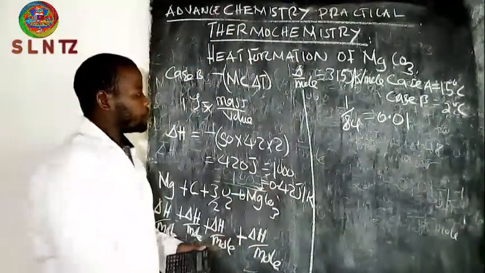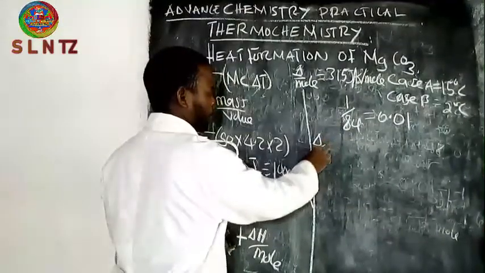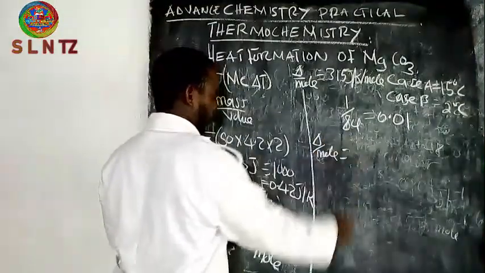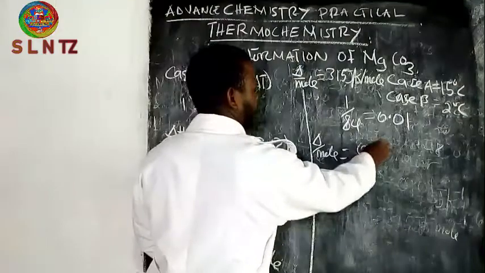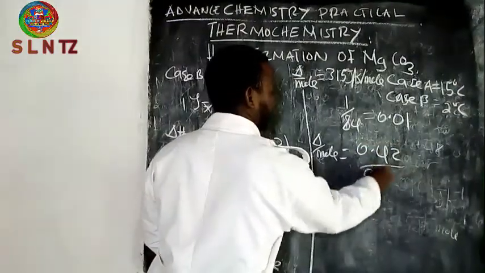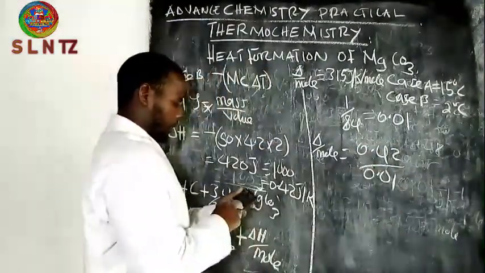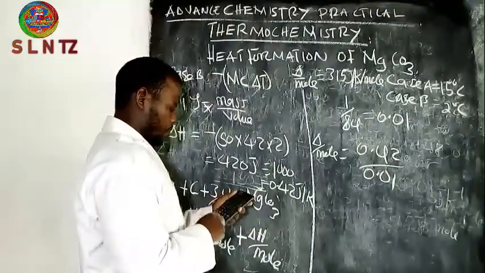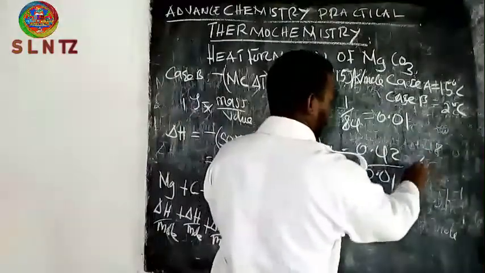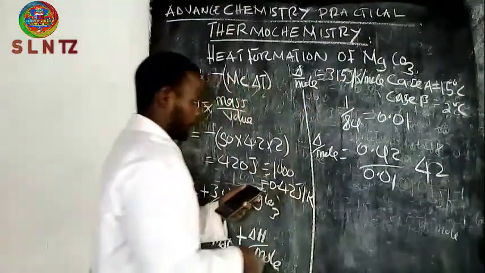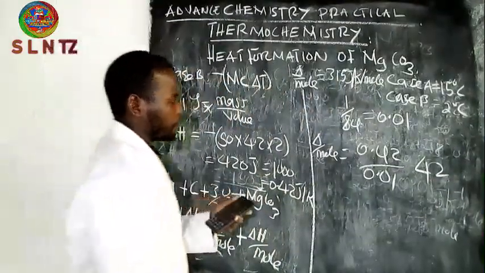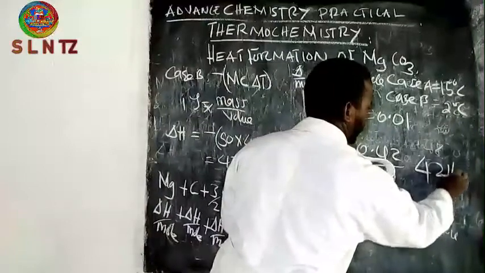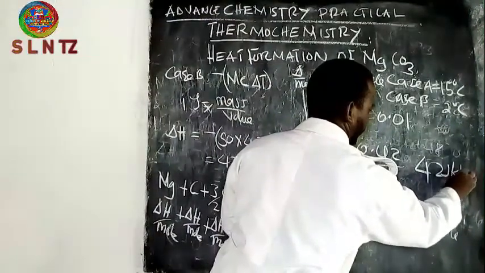So heat change per mole is 0.42 divided by 0.01, which will be 42 kilojoule per mole.